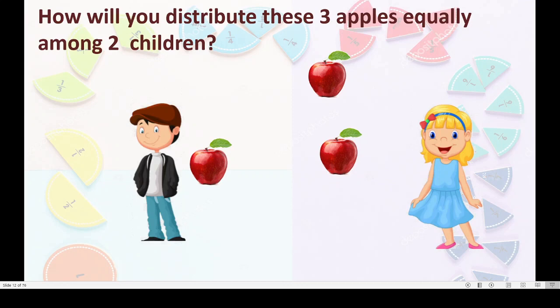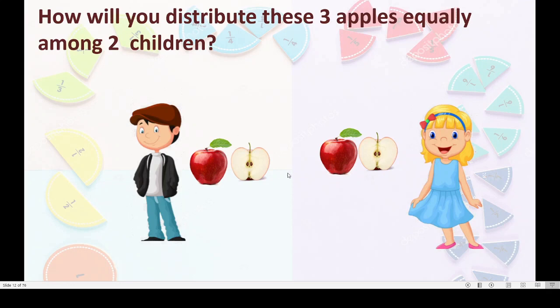Yes, very good. We will cut this apple into two pieces. Correct. Half, half. Now we will give the first half to this boy and this half to this girl. Very good. Both are happy. See their faces.